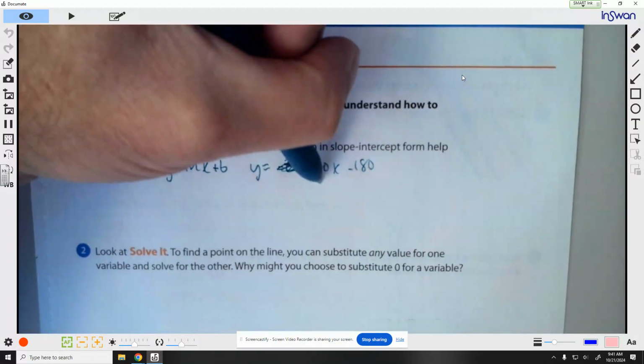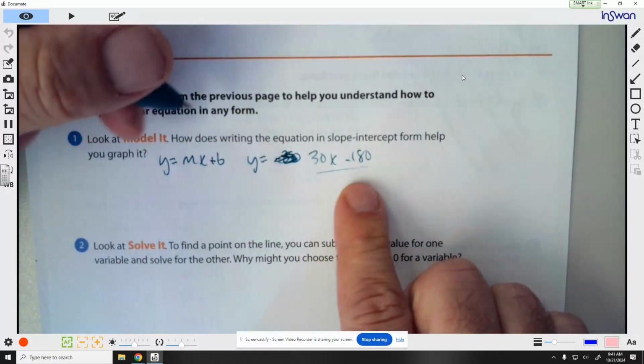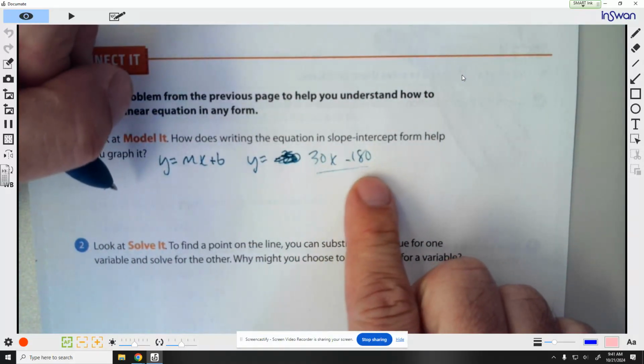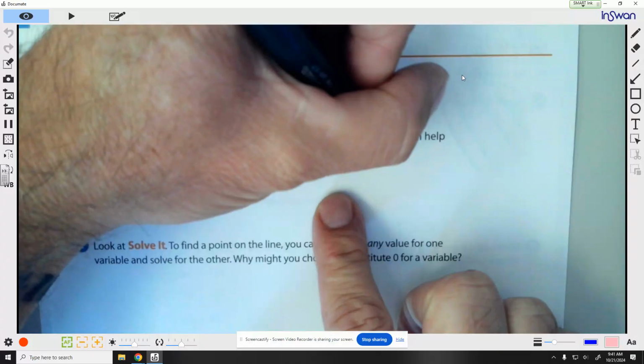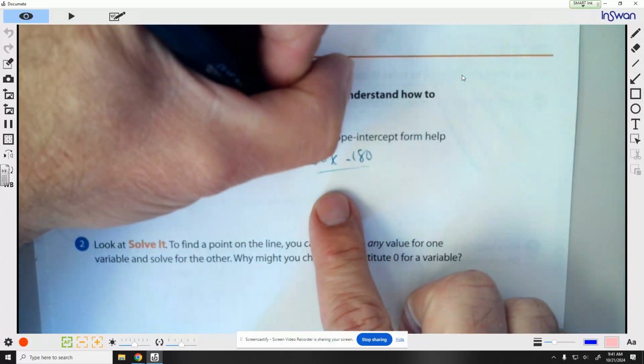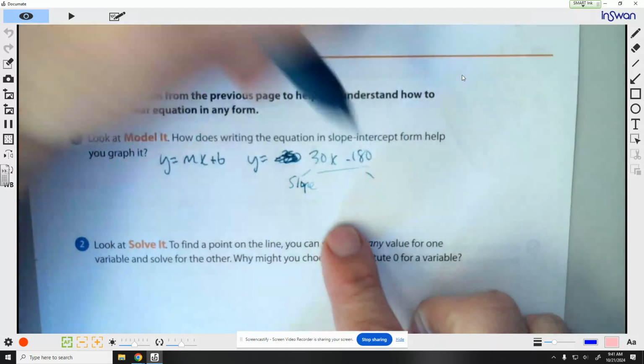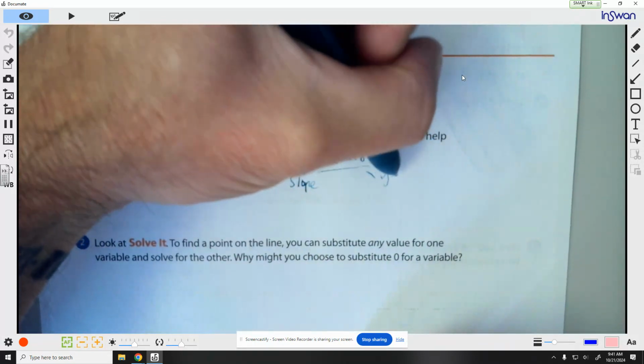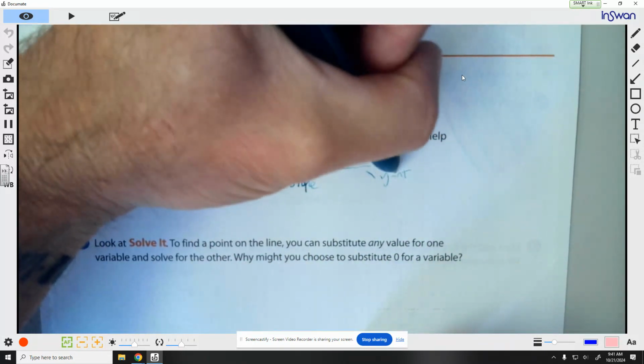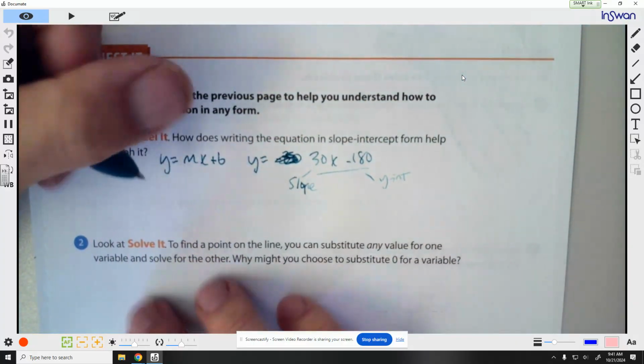Okay, so my equation, when I wrote it in slope-intercept form, it identified what our slope and our y-intercept were. So this is our slope. This was our y-intercept. So how does writing the equation help?